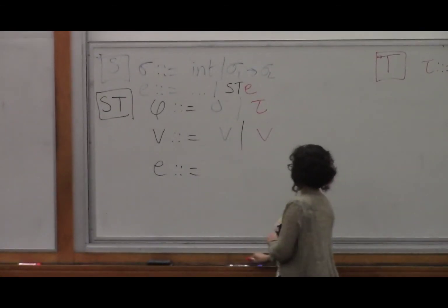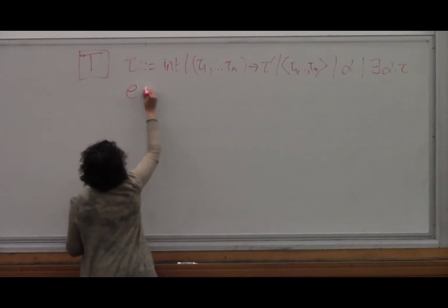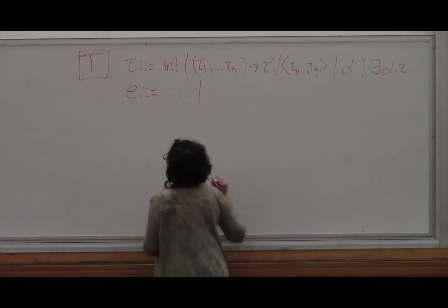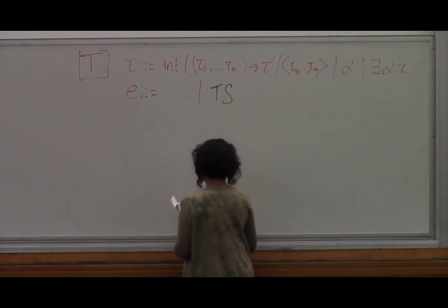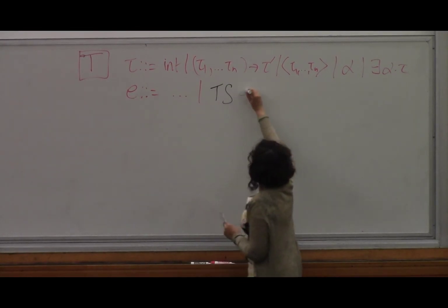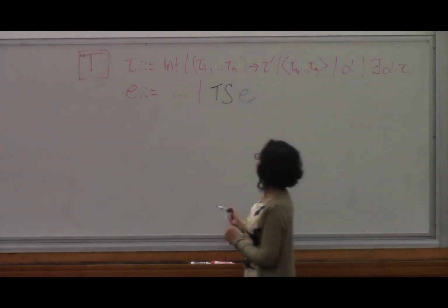Similarly, on the other side, expressions of this language are all the original expressions, but we are going to add a TS boundary that lets us pull in source expressions. Blue is fading.